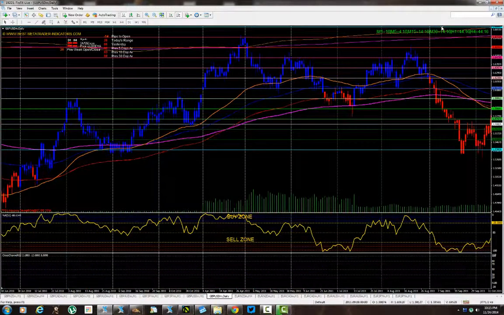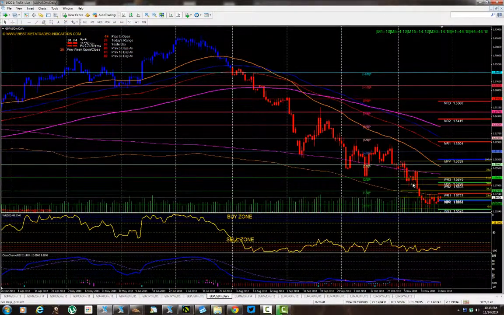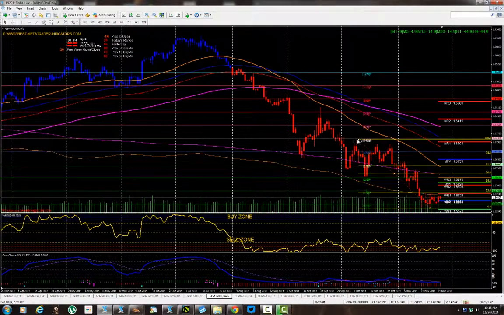So we may see a bigger pullback on this pair. If we do, we can fib the daily.